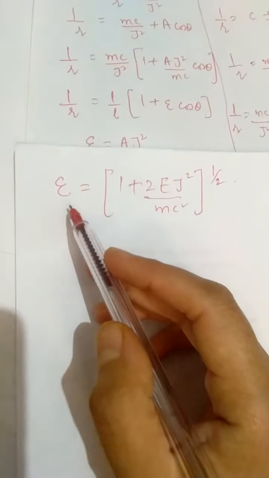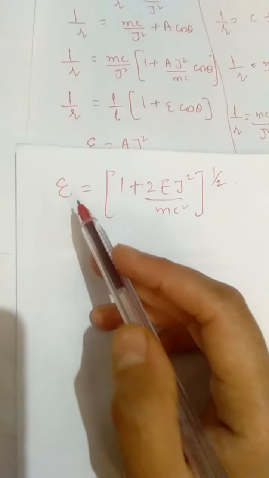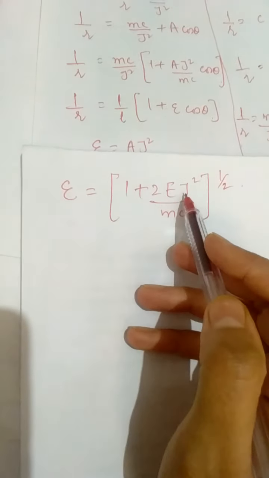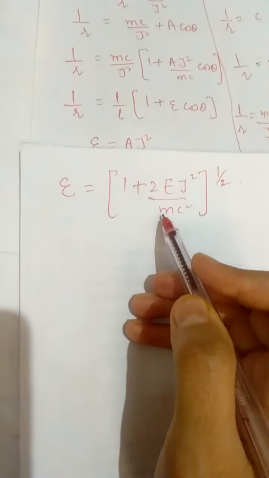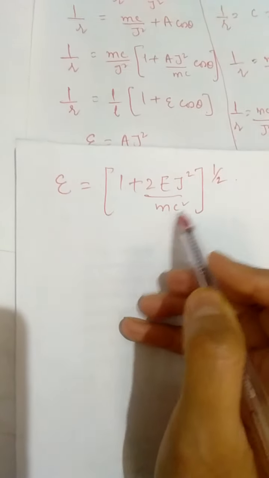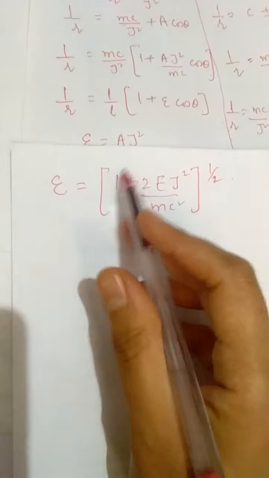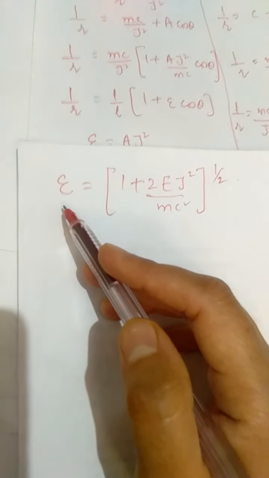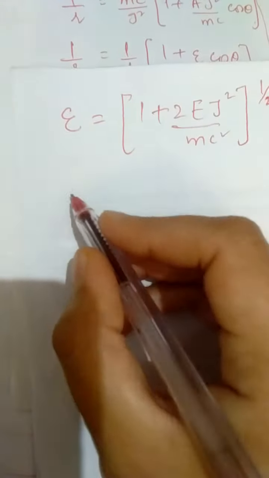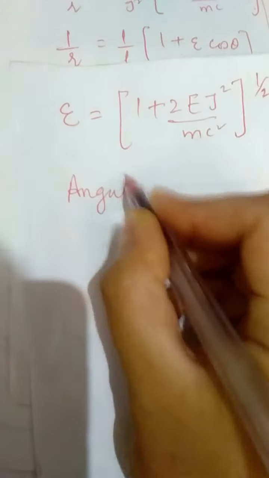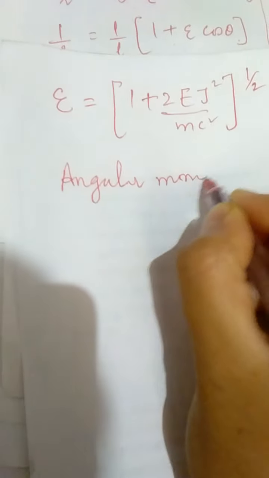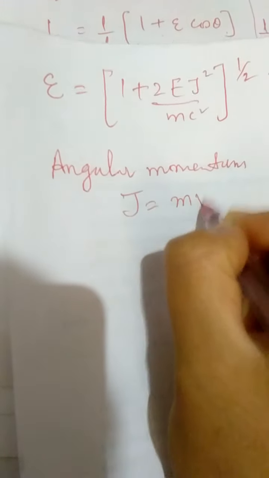Now we are quite clear about this eccentricity of the orbit. It comes in terms of energy, in terms of angular momentum, in terms of mass of the satellite, and in terms of this constant c, right? So we are aware of all of these parameters, and once we are aware, we can easily find the value of E. Now, in case of a satellite, we know that angular momentum J is equal to mvr.